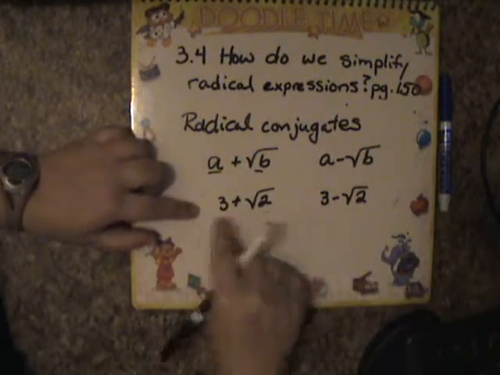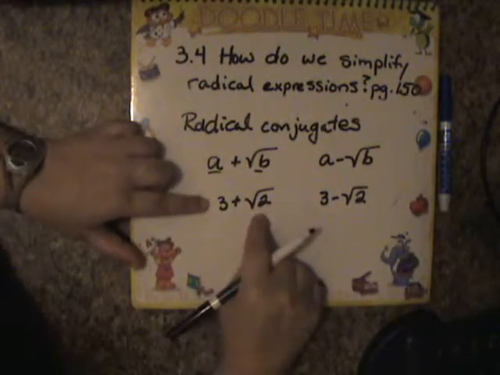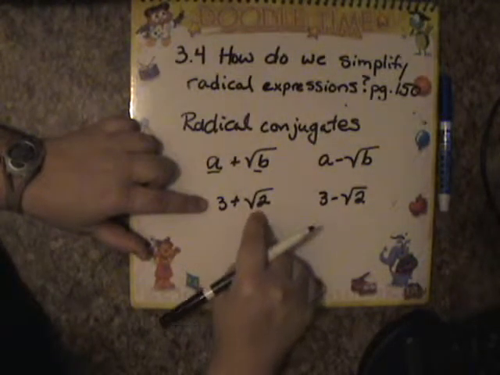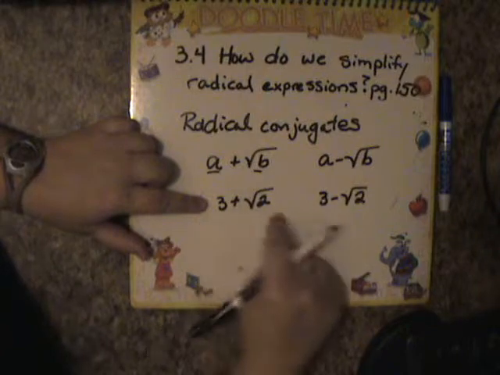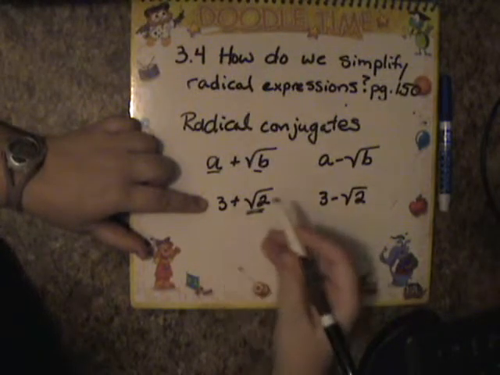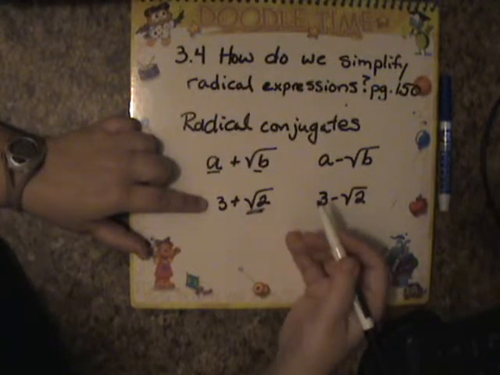So you could put this in a decimal form, but this is 3 plus an irrational number, the square root of 2. And we usually keep these this way because this radical 2 is an irrational number.